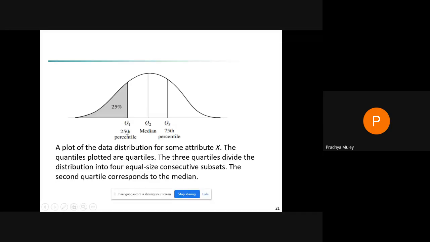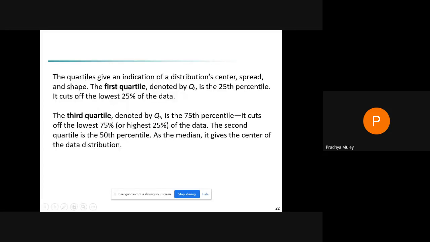Q1 is the 25th percentile. Q2 is always the median, which is the 50th percentile, and Q3 is the 75th percentile. This is a graph where the three quartiles divide the distribution into four equal size consecutive subsets. The second quartile corresponds to the median. Now, the quartiles give an indication of a distribution's center, spread, and shape.